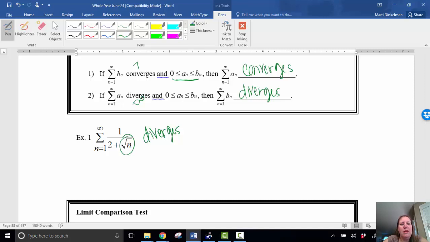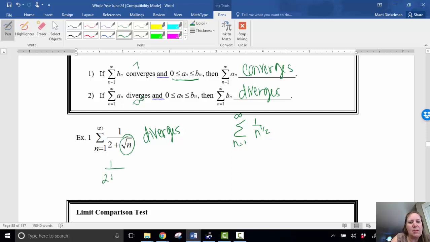So with the direct comparison, on this one, I'm going to show you a known mistake. If you want to put your pencil down, I want to show you what happens if you do an incorrect comparison. Because this one seems to me like I want to compare it to 1 over n to the 1/2. Well, let's compare using an inequality.